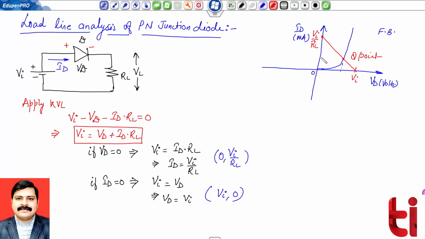So I can easily find the corresponding values of IDQ and VDQ. This is my load line. As it includes the load resistance and the input supply VI, it is termed the load line, and we do the analysis at this Q point, which is the intersection of the load line and the characteristic. Correspondingly, I will have IDQ and VDQ.